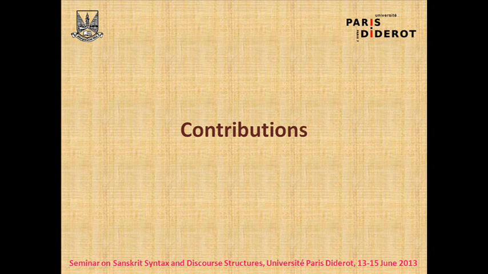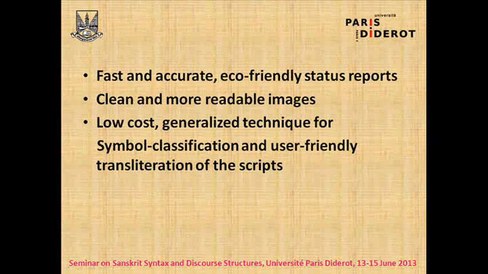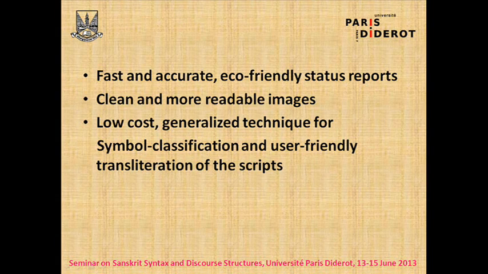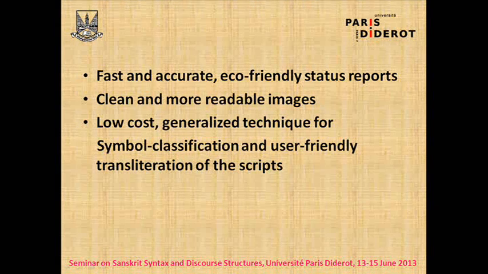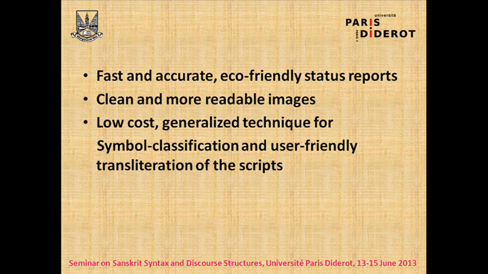Here we summarize the contributions of our work on manuscript image processing. ASRG is a low-cost, feasible, and eco-friendly solution for status report generation. It is faster and more accurate than the conventional manual approach. The digitized images are available in clean form and are widely accessible through ICT.